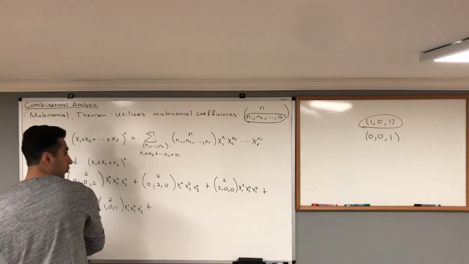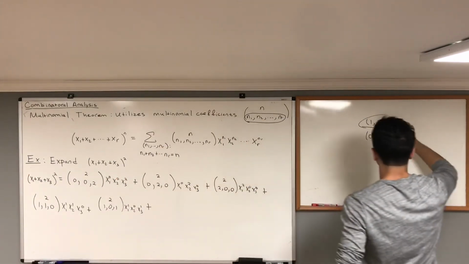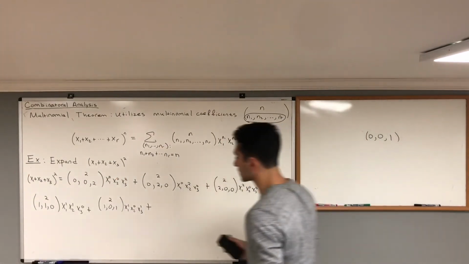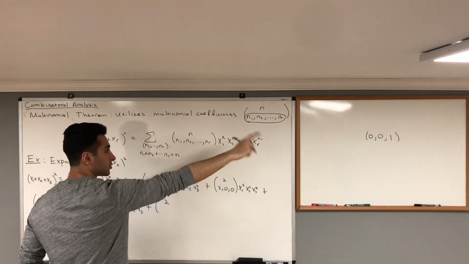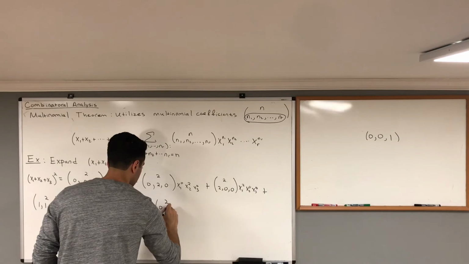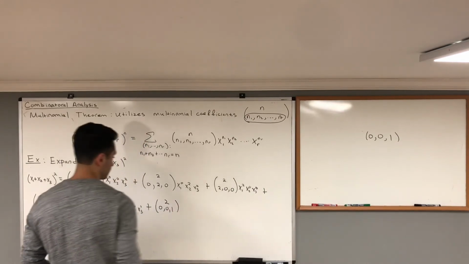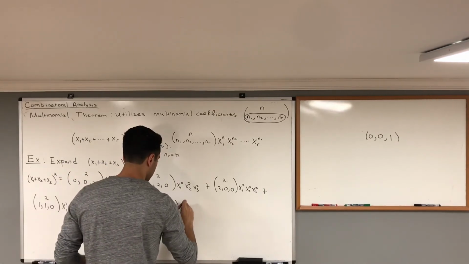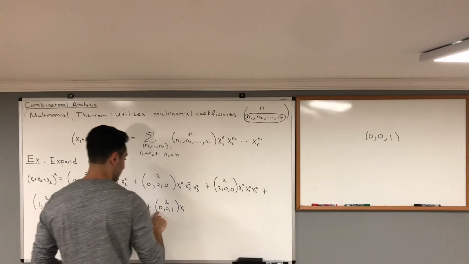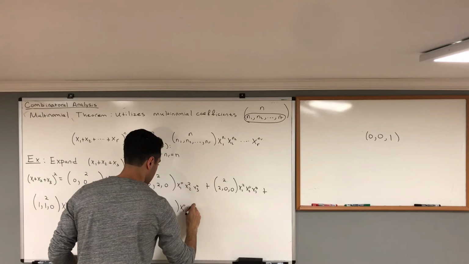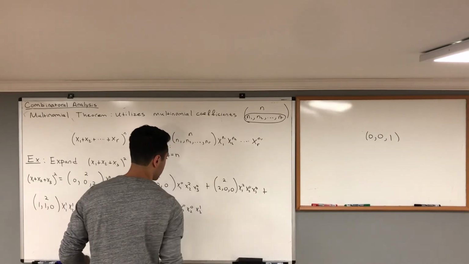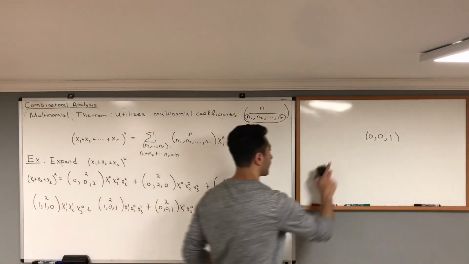And then finally, wow, our last vector, the sixth vector, is 2 choose 0, 0, 1, x1 to the 0, right, because n1 is 0, x2 to the 0, and x3 to the 1. And we're done. We used all the vectors.